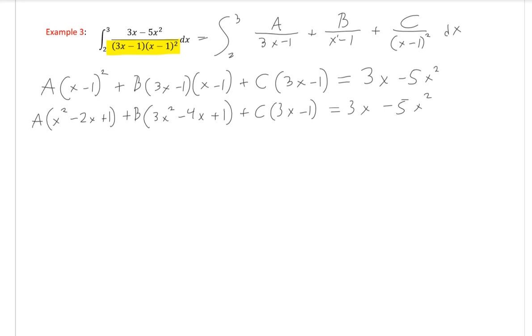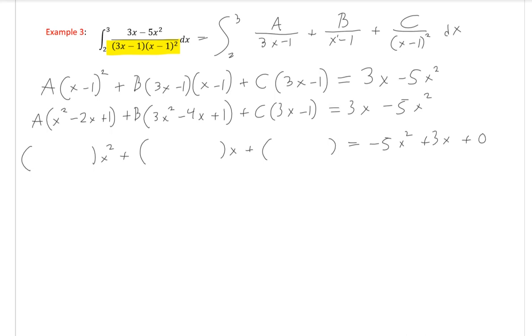So then what I want to do is group by the terms. So I want to have some amounts of x squared, some amounts of x, and some amounts of a constant to equal, if I put this in normal order, minus 5x squared plus 3x, and then no constant.